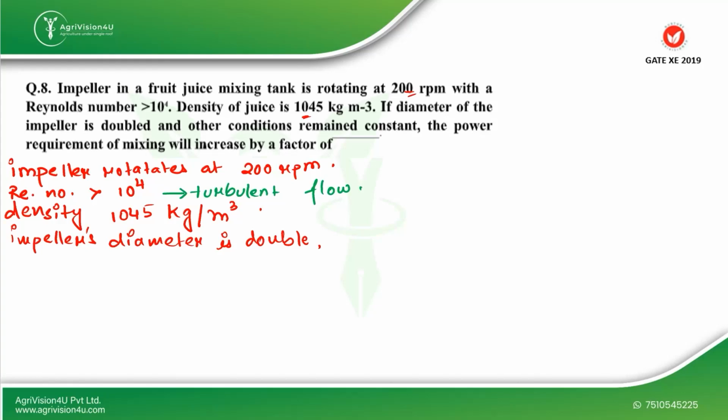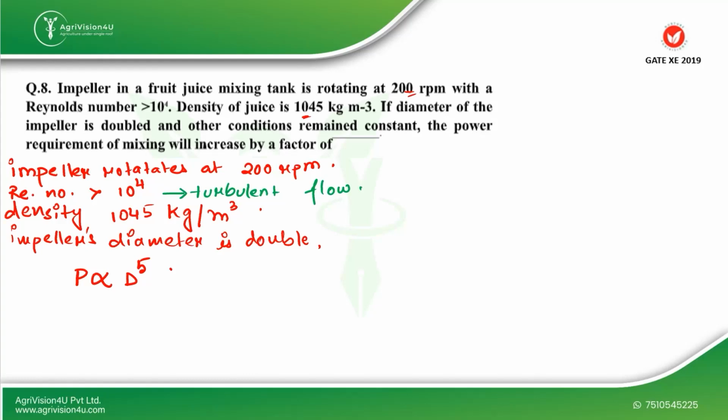Now we are asked to determine the factor by which the power requirement of the mixing will increase. So for the turbulent flow, the power required for mixing in a stirred tank can be related to the diameter of the impeller, that is D. That is P, which is directly proportional to D to the power 5. This means that the power required is proportional to the fifth power of the impeller's diameter.